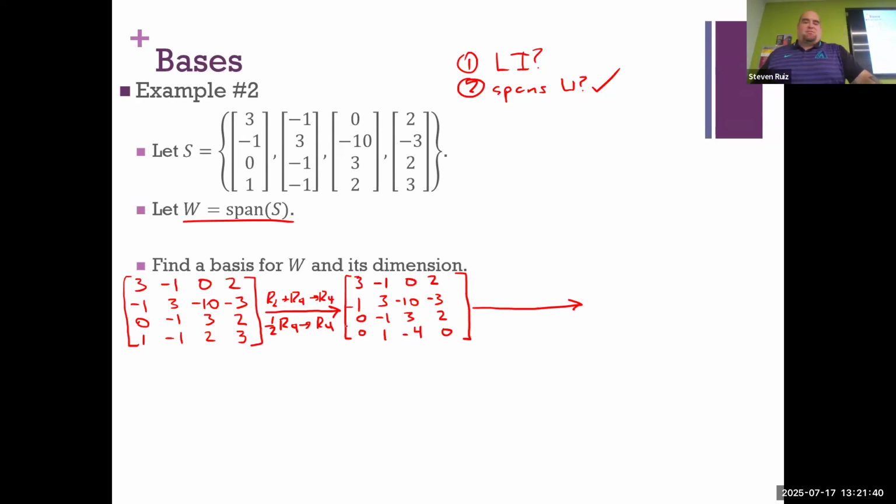So yeah, it doesn't really matter which order we do this in, but let's say negative row 2 goes back to row 2. And then I'll swap row 1 and row 2. That would do it, right? So 1, -3, 10, 3. And 3, -1, 0, 2. 0, -1, 3, 2. 0, 1, 4, 0.